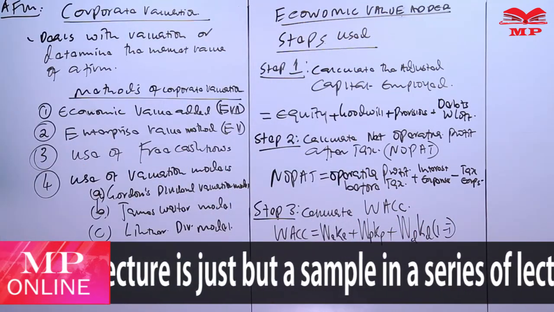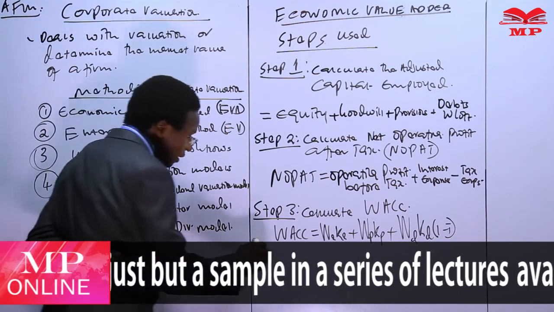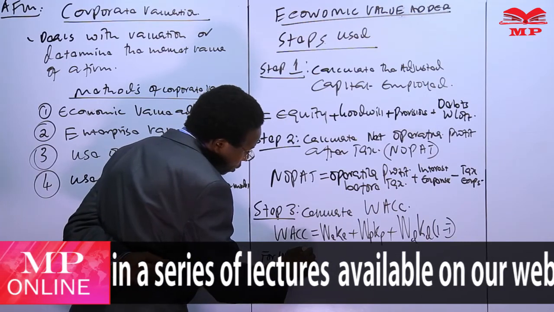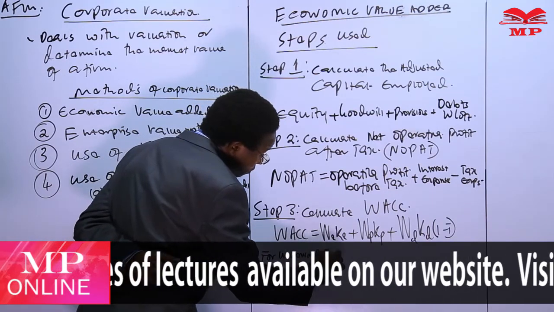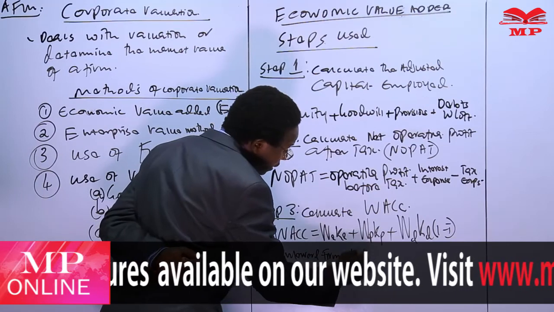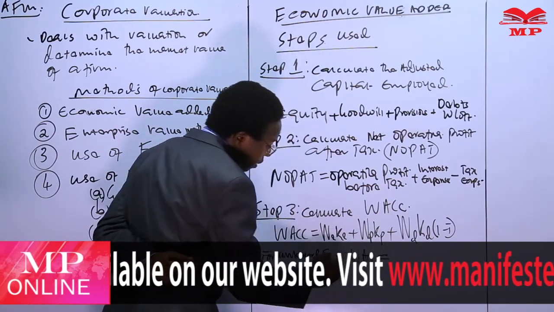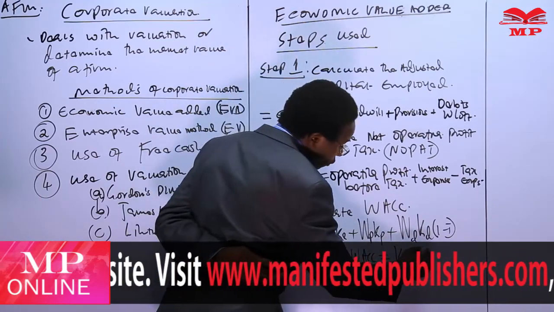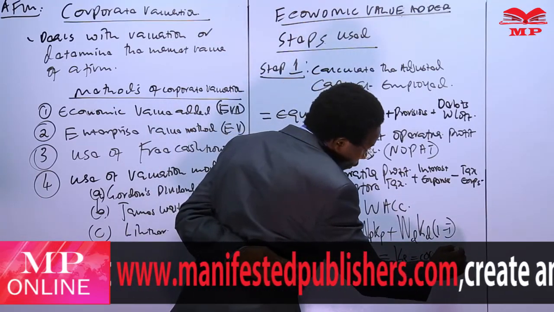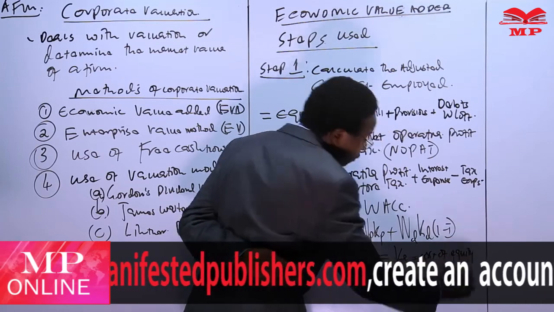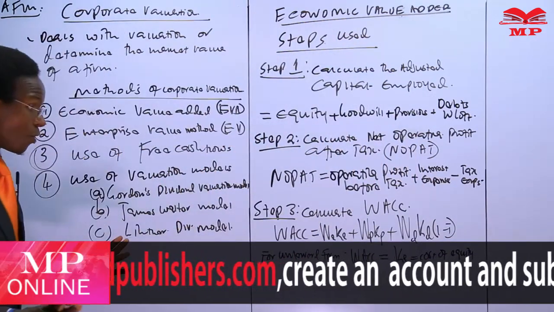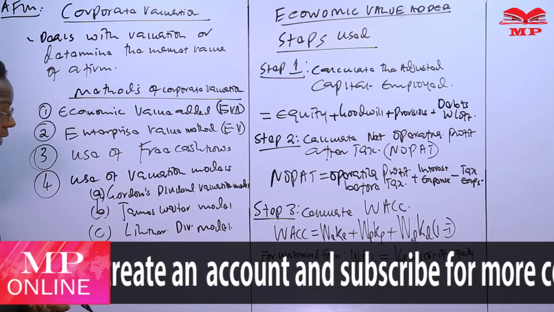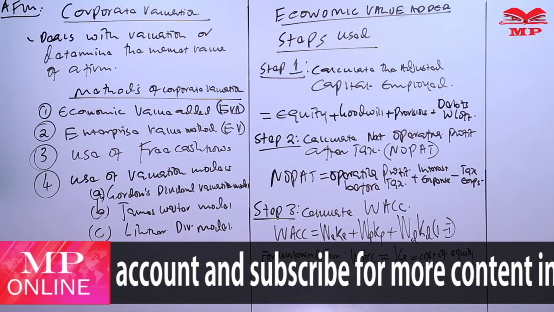That's the WACC. But you should also know that for an unlevered firm, WACC is equal to the KEU, that is the cost of equity. If you only have equity, then the KE will be the same as WACC.